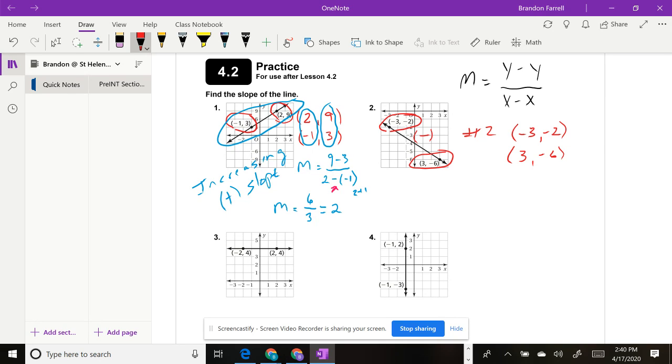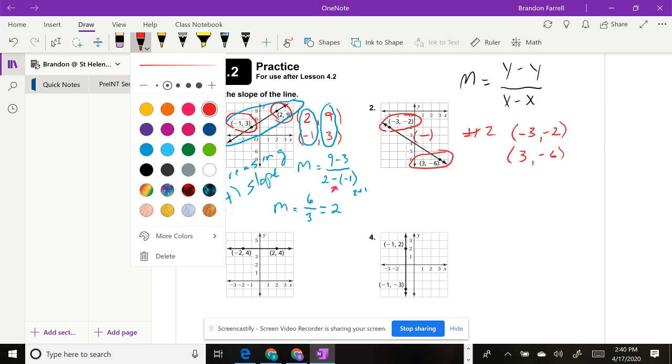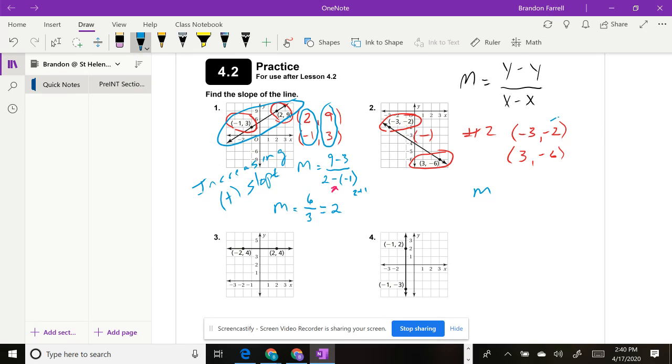So using our slope formula, we're going to take the y coordinates: negative 2 minus negative 6, and we're going to divide that by negative 3 minus 3.